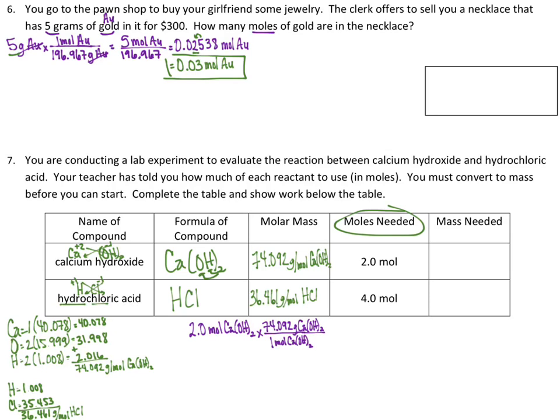We can cancel out our moles. Oh, we're happy with grams, so we can put our equal sign. Cancel out our moles. And again, we just multiply our numerators. So 2.0 times 74.092 gives me 148.184 grams of calcium hydroxide.